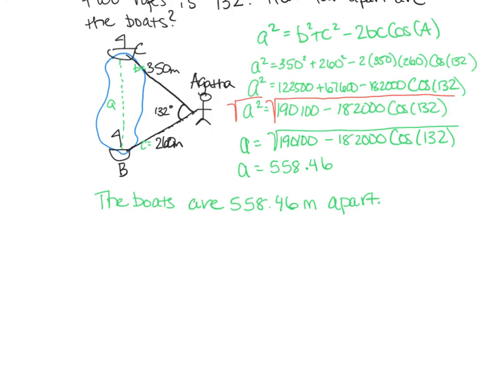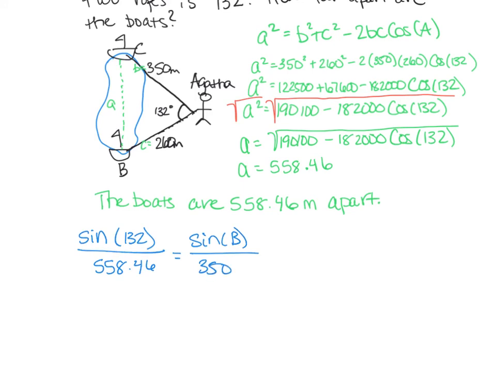First, let's solve for angle B. So if we want to solve for angle B, I'm going to do sine of 132 over 558.46 is equal to sine of B over 350. Let me grab my notes.